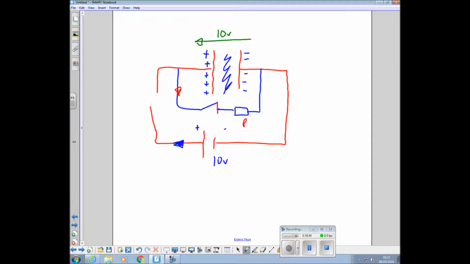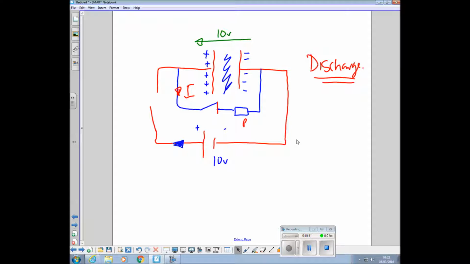Alright? So this is discharge. So the current flows there now. You're all happy with that.